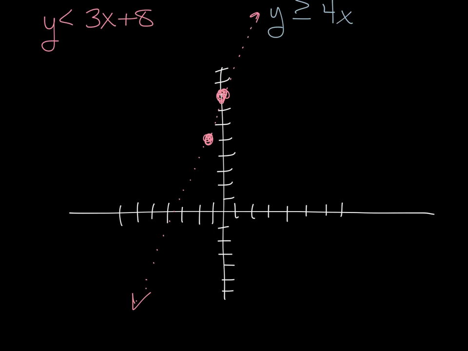Or I can choose a test point, 0, 0, which gives 0 is less than 3 times 0 plus 8. So 0 is less than 8. Is that true? Yeah, it is. So that means I'm going to be shading this way.